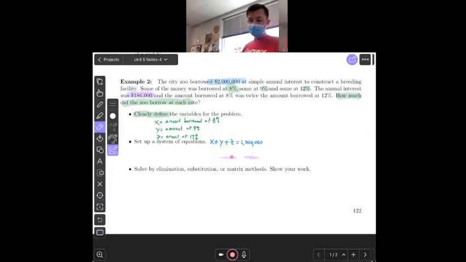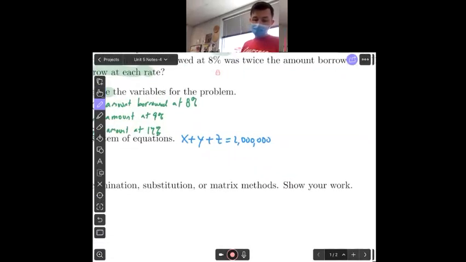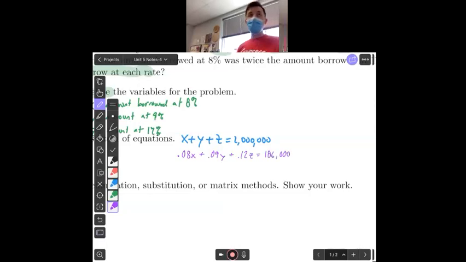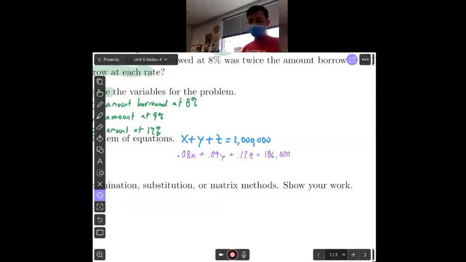I'm going to write an interest equation, which is very similar to a value equation. Amount I borrowed times the rate will tell me how much interest I pay for that account.